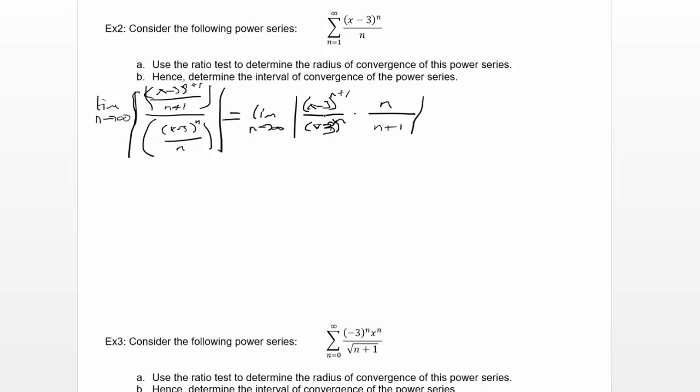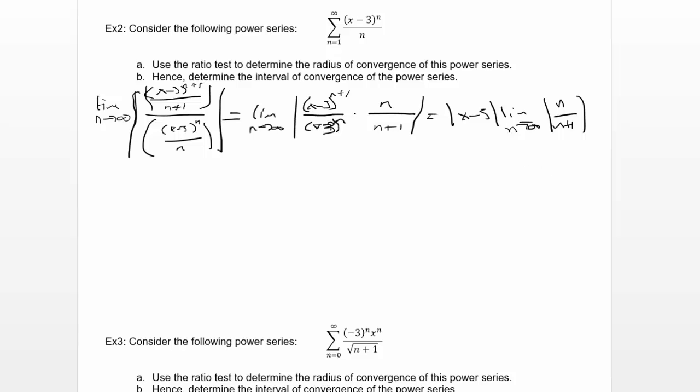So let's simplify. (x minus 3) to the n plus 1 divided by (x minus 3) to the n is just x minus 3 with no n's, which means the limit doesn't really affect it. And we're left with the terms that do have n's, n over n plus 1.